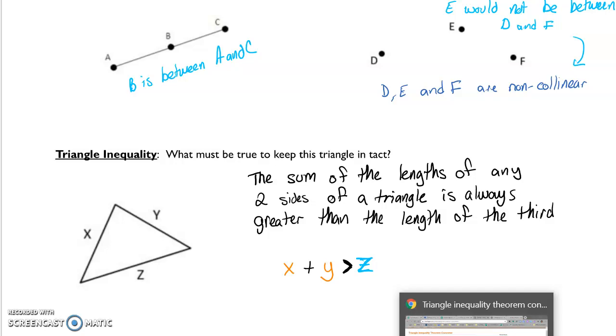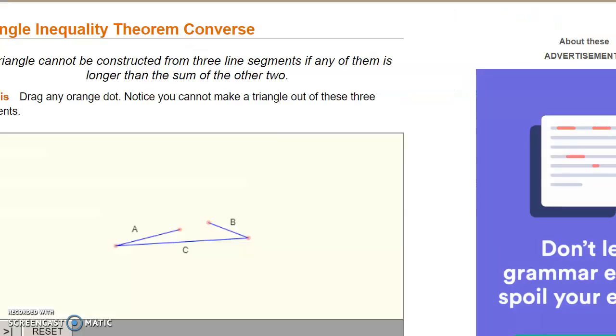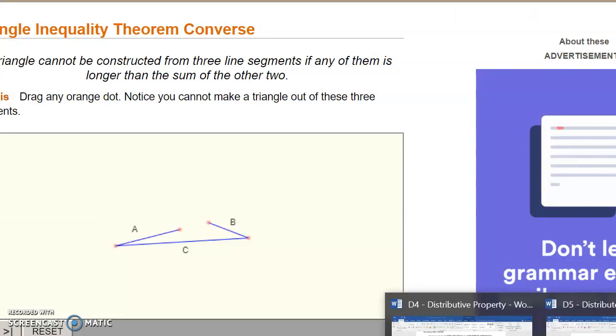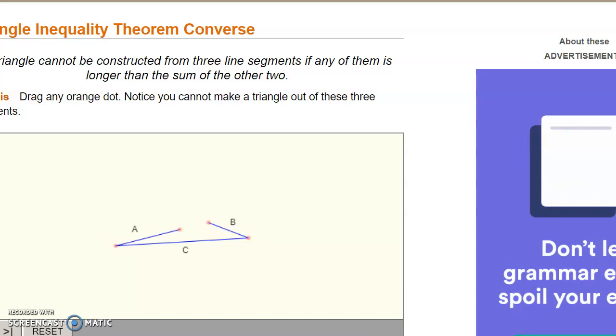And let me give you a diagram here that might help illustrate this. Okay. Here, A, B, and C, there's no way I can form a triangle here. And I'm not even able, I can't move B to get a triangle formed.